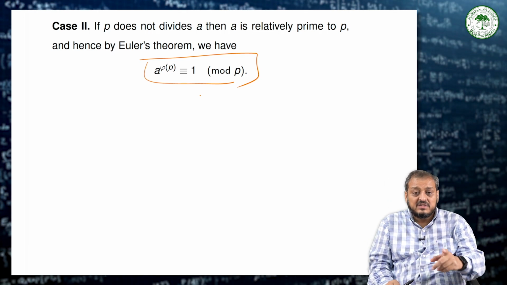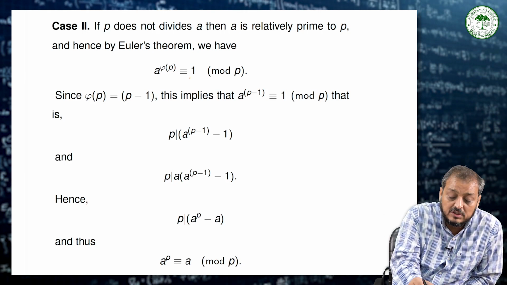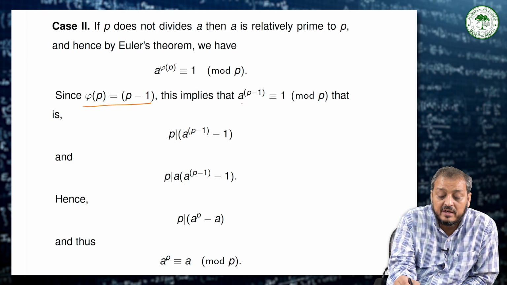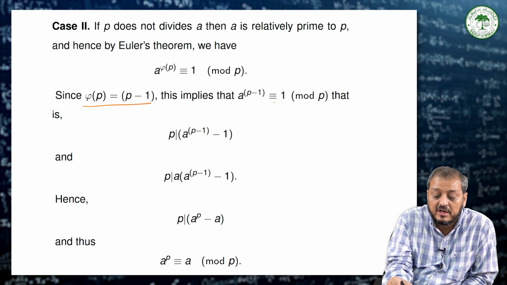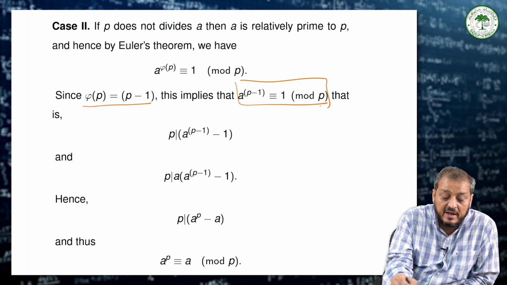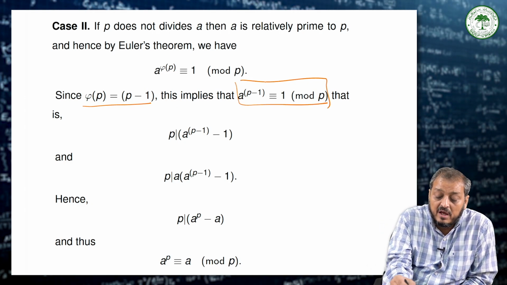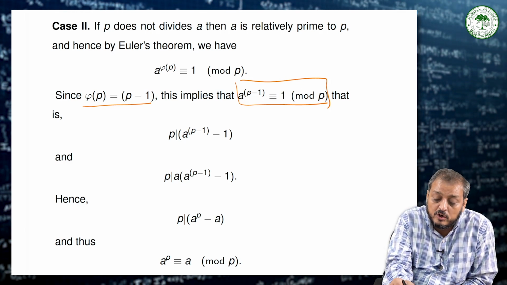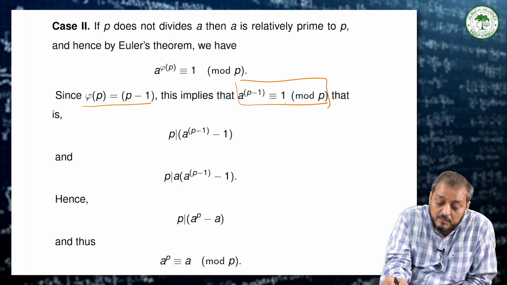By Euler's theorem, since phi of p is equal to p minus 1, we have a to the power p minus 1 congruent to 1 mod p. By the definition of modulo, p should divide a to the power p minus 1 minus 1.